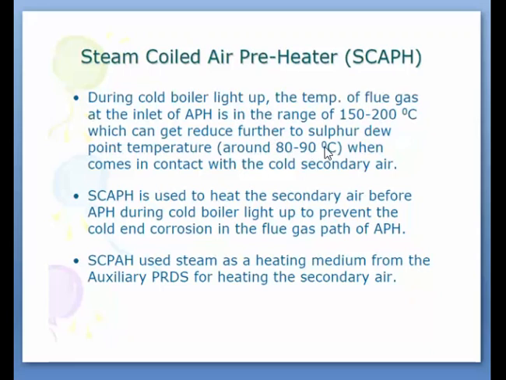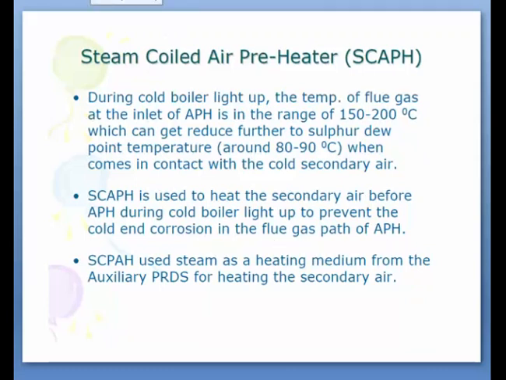That will form sulfuric acid and cause cold end corrosion. So SCAF is used to heat the secondary air coming from the FD fan before the APH during cold boiler light up, to prevent cold end corrosion in the flue gas path of the air preheater.